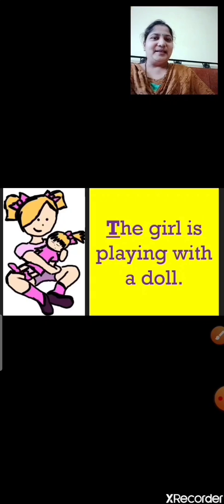Let us read this example. The girl is playing with a doll. Here in this sentence, the first letter T is capital, correct? So, we always start a sentence with a capital letter.